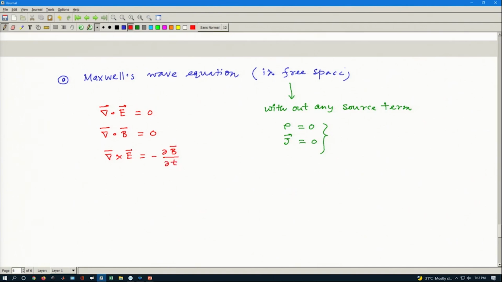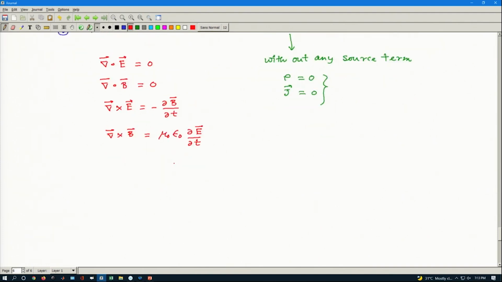This is perhaps the simplest form of the Maxwell's equation without any source term, and curl of B is equal to mu 0 epsilon 0 del E del t. So, in principle all 4 equations are homogeneous equations.